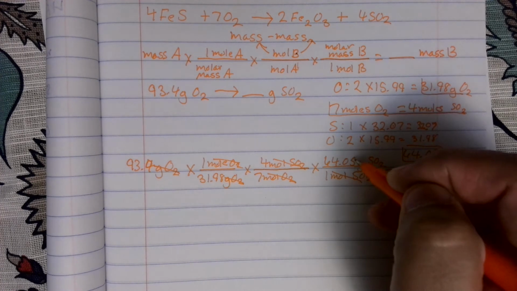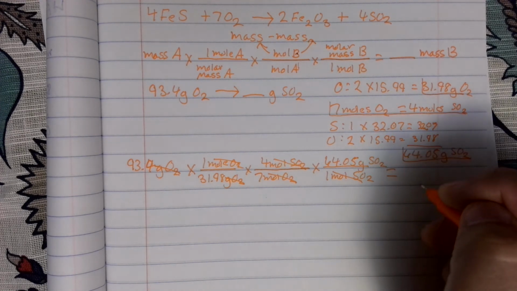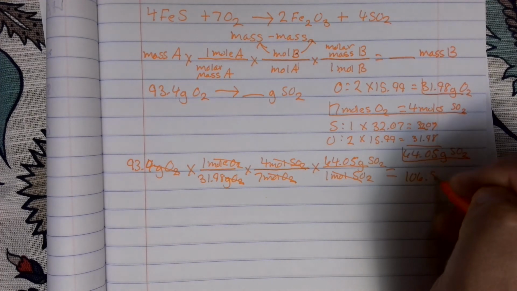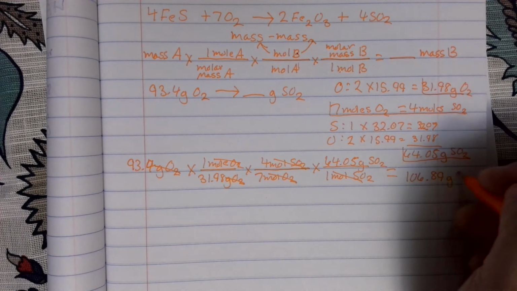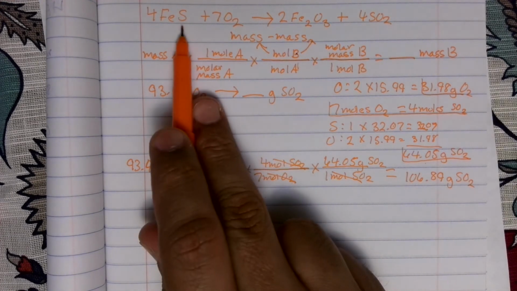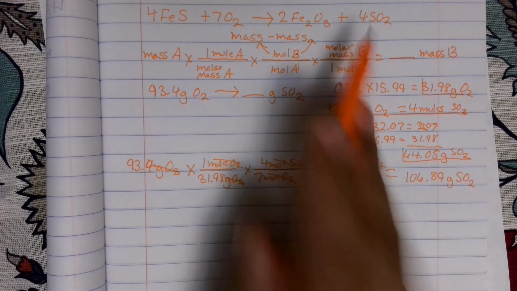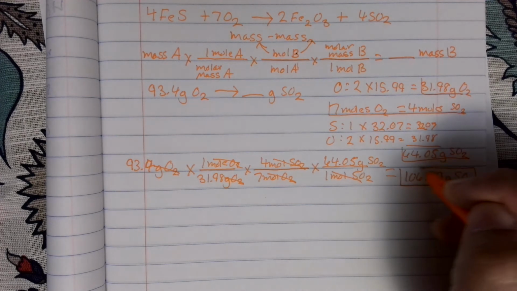Using those numbers, you should be able to come up with an answer. I'll give you a second if you want to pause it and plug this into your calculator and make sure you're getting the right answer. But the correct answer that I received was 106.89. And what is my unit now? That would be in grams of sulfur dioxide. And so you see we went from the mass of one substance, in this case O2, to the mass of another. And so now there's our final complete answer.